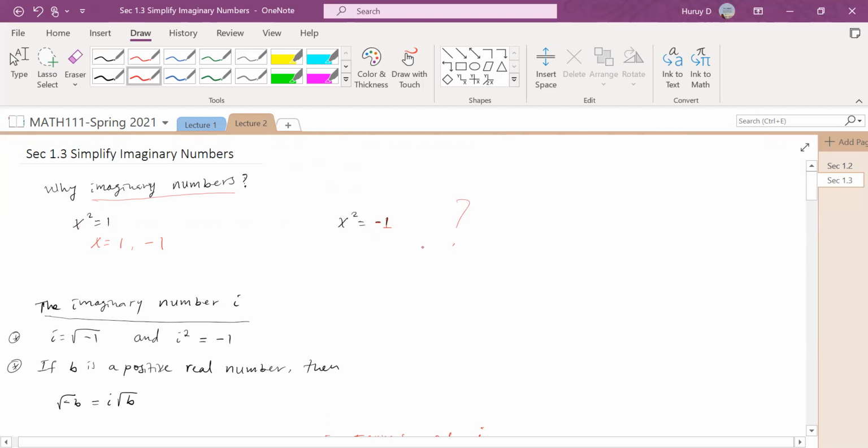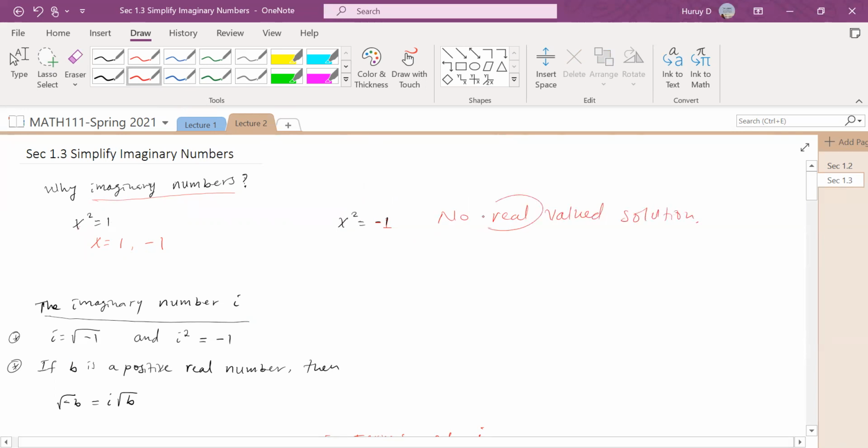Well, that's the big question now. If we didn't have complex numbers or imaginary numbers, then there is no answer for this one, because there is no real valid solution. Probably you have learned this in high school. No real value solution.